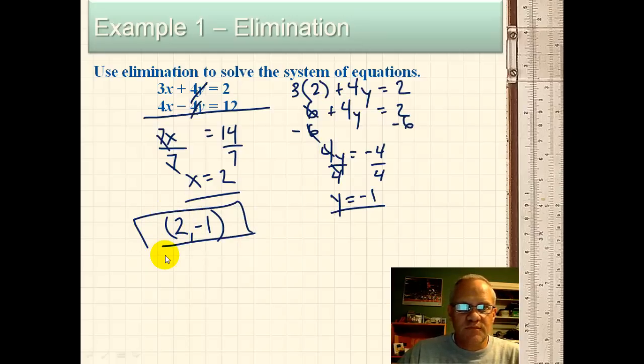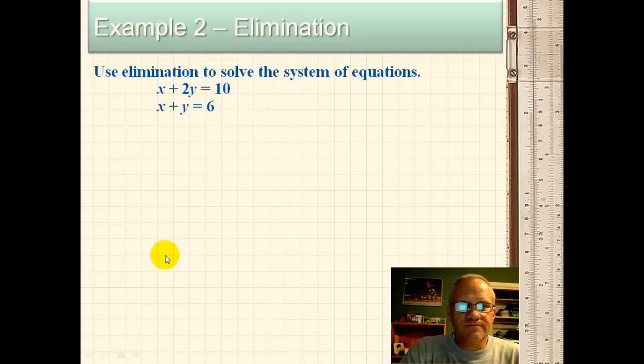Next one, example 2. Now you look at this one and you say, whoop, I don't have anything there that's opposite of each other where I can add them and get them to cancel. Because you've got a 2y and a y, they're definitely not opposites. And you go, well, x and x, if I added those together, I'd get 2x.